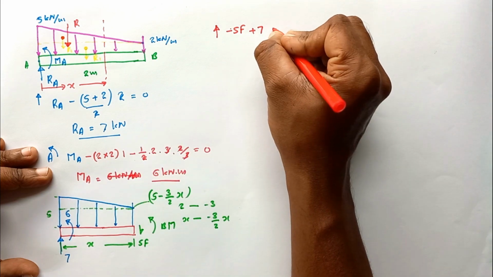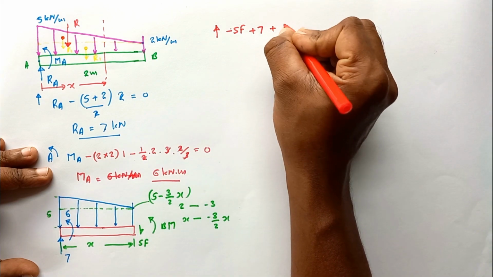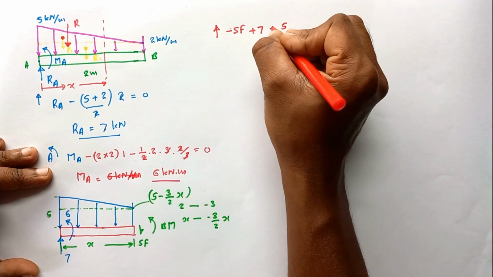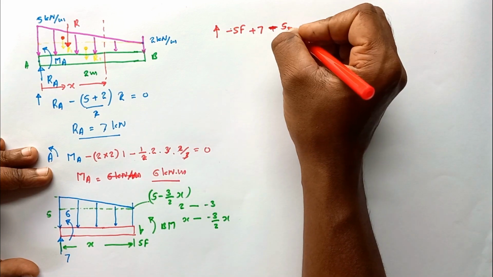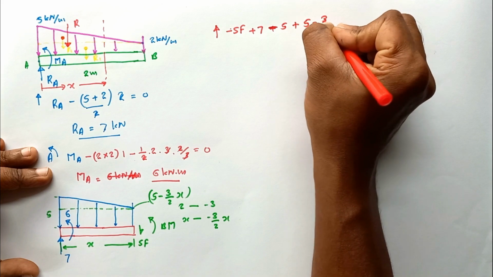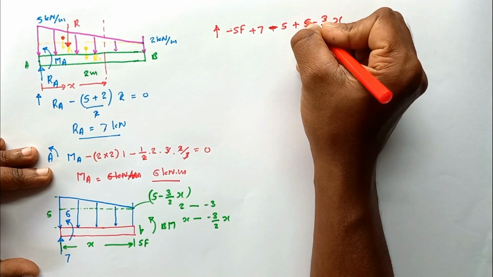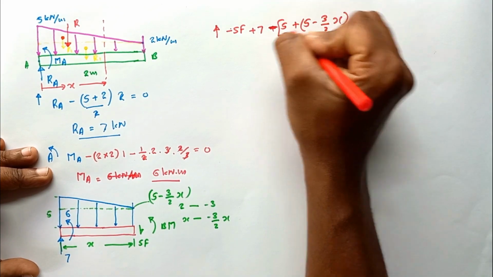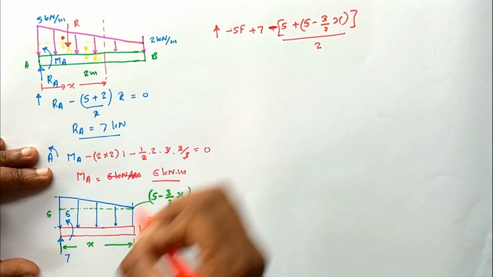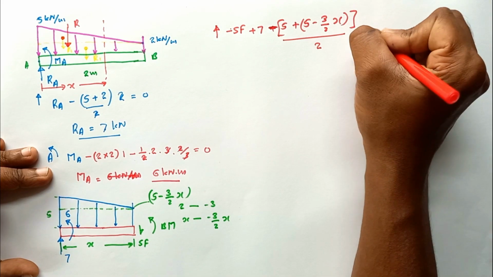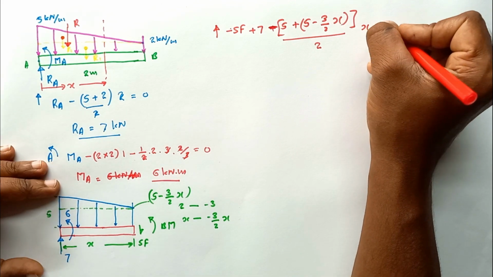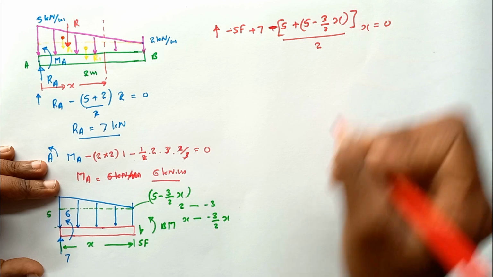The addition of parallel lines. Sorry, the trapezoid is acting in the downward direction. Here it is minus 5 plus 5 minus 3 by 2 into x, divided by 2, into this length x. Okay, these are all the forces acting in the vertical direction, so equal to 0.